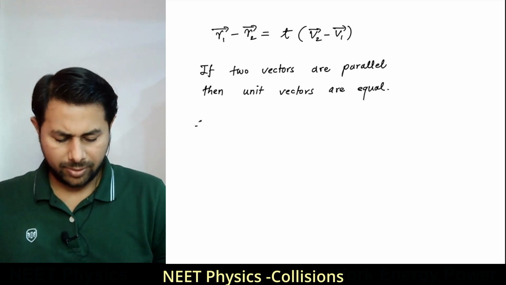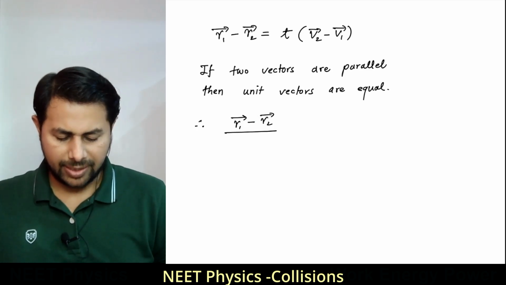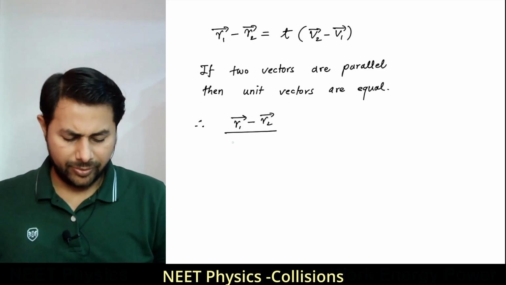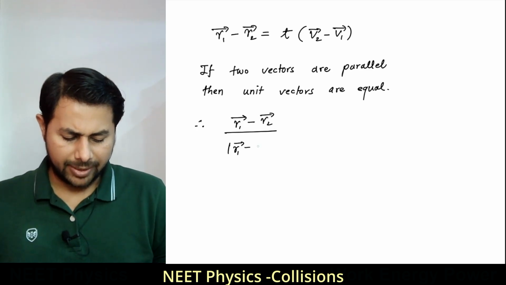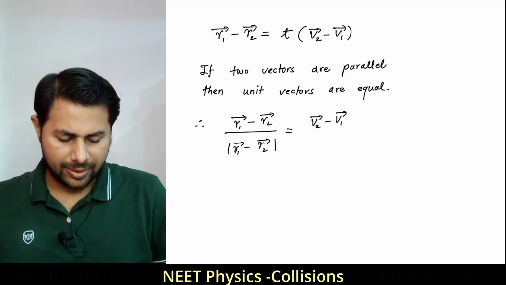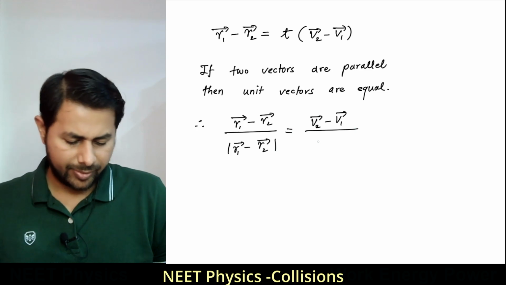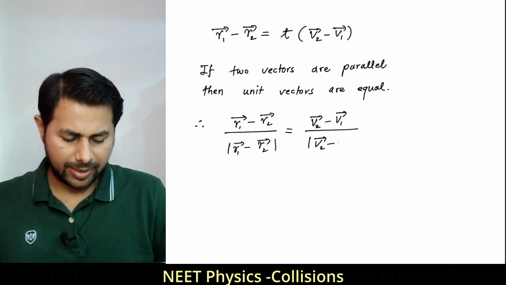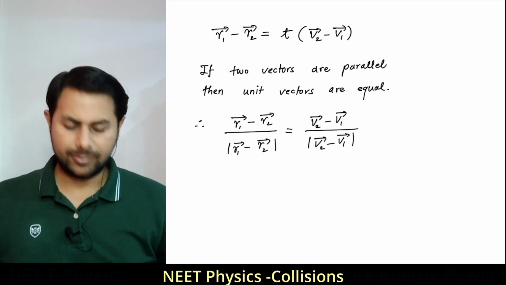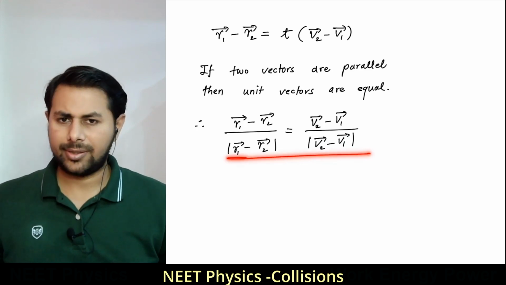Right, and therefore what you can say is r1 bar minus r2 bar divided by its magnitude, the magnitude of r1 bar minus r2 bar, is equal to v2 bar minus v1 bar divided by the magnitude of v2 bar minus v1 bar. Okay, so this thing is clear, everyone?